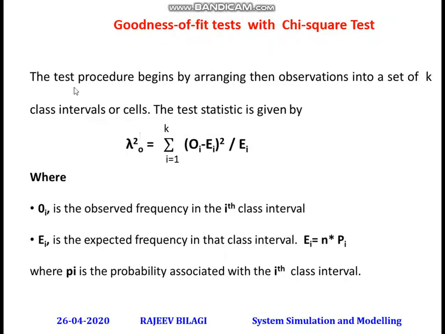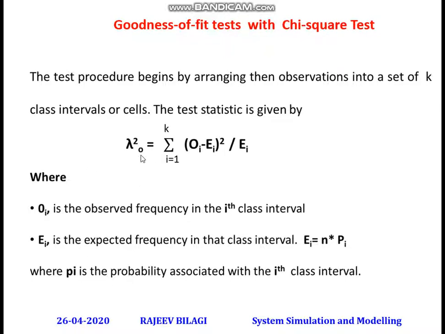The first step: the test procedure begins by arranging the observations into k class intervals or cells. We have done this already in the previous method, distributing into equal class intervals.